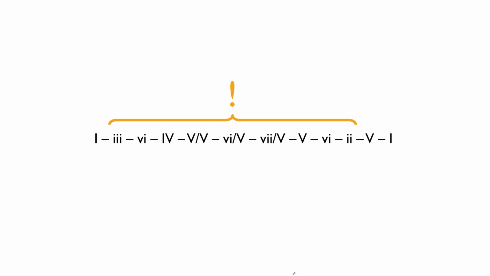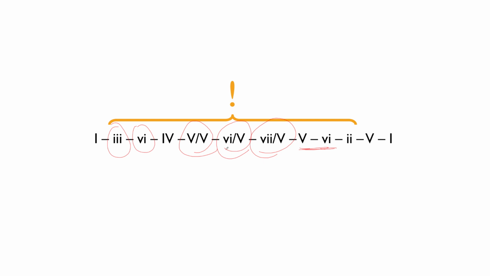You see here secondary functions, 3, 6, 4, and after that 5 of 5, 6 of 5, a deceptive progression in the dominant key, and then 7 of 5, 5, 6, another deceptive progression in the home key, and then 2, 5, 1. If you want to elaborate the way even more, then we can use, for example, the minor mode versions of these chords.